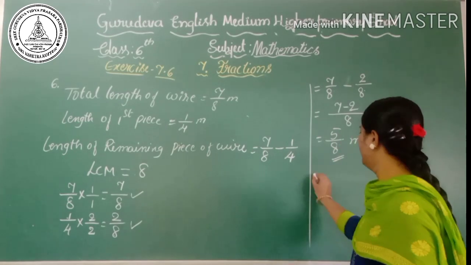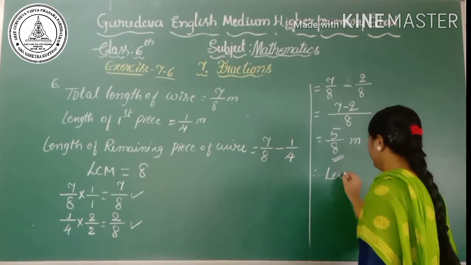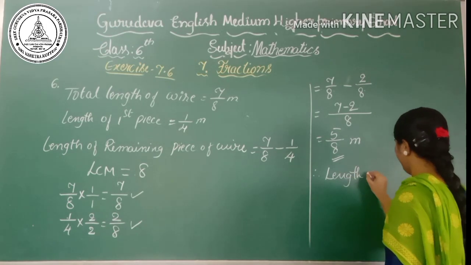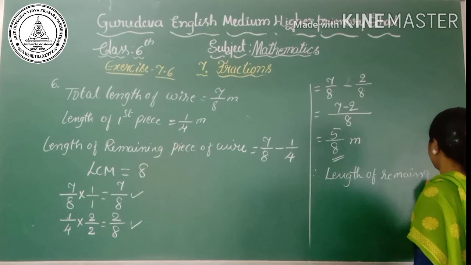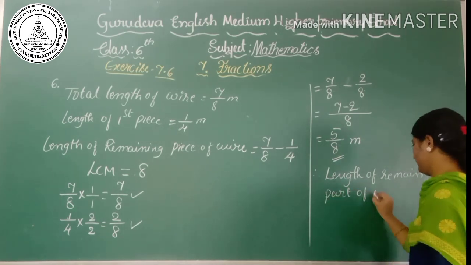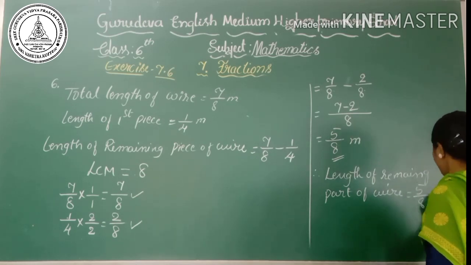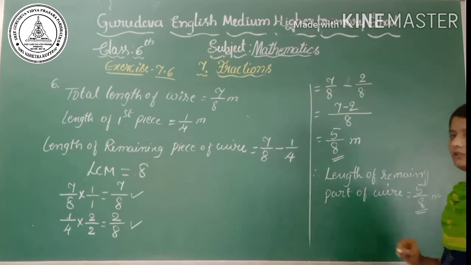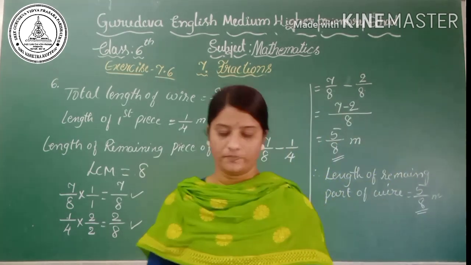Therefore length of the remaining part of wire is equals to 5 by 8 meter. Okay. Yes. Then let's do the second question.